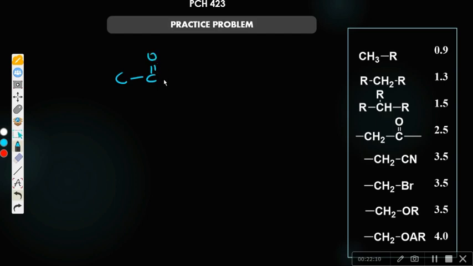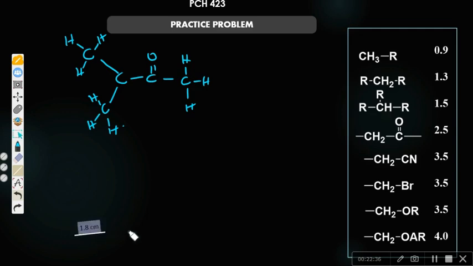C double bond O, and then you have C, H, H, H. And then you have this one, C, H, H, H. Then you have this one, C, H, H, H.